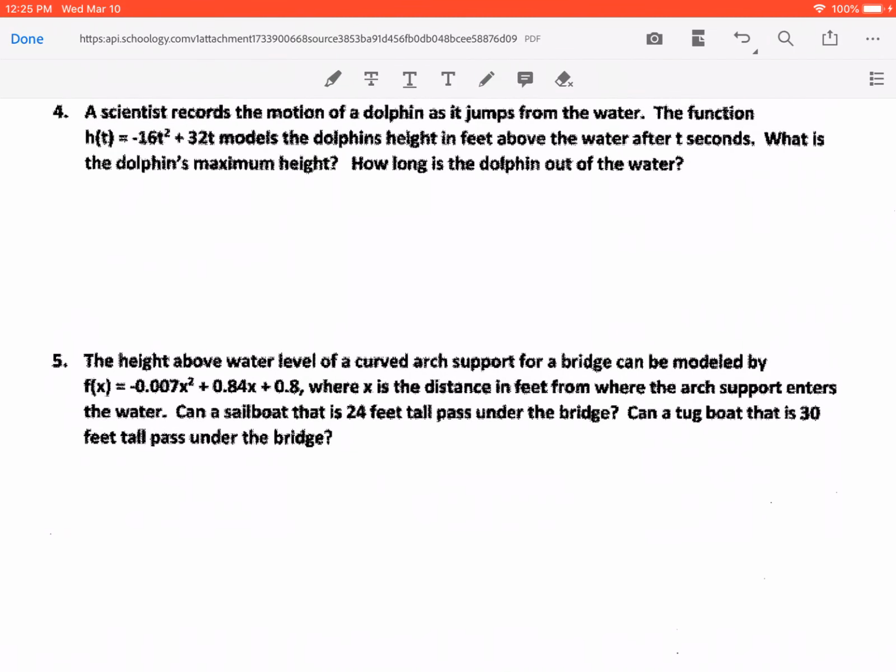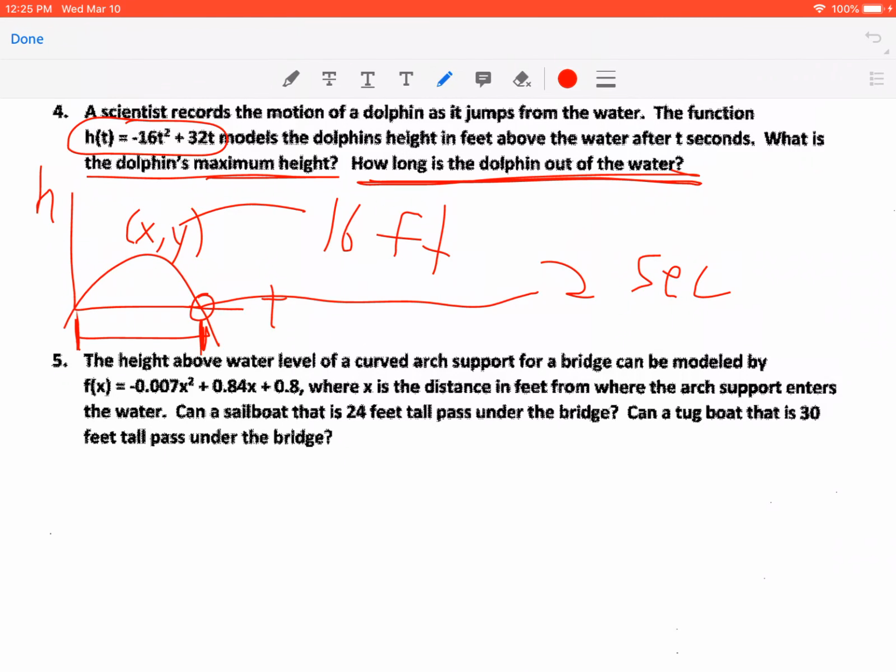The height above water level of a curved arc support for a bridge can be modeled by, again, there's my problem. I see an A, a B, and a C, and I see that A is negative. Where x is the distance in feet from where the arch support enters the water, can a sailboat that is 24 feet tall pass under the bridge?